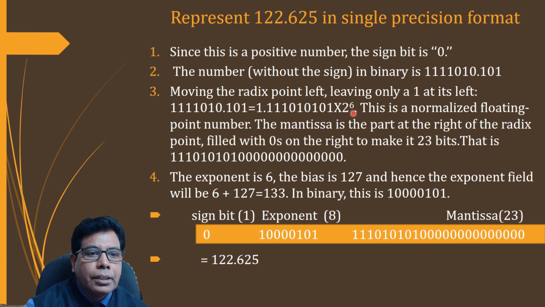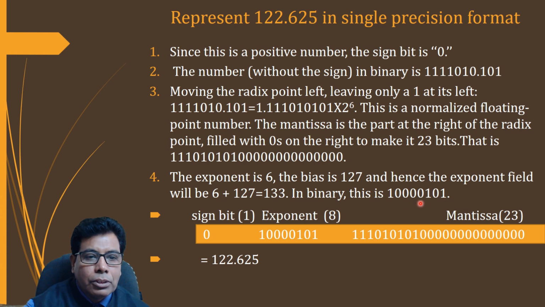Then the exponent part is 6, so we have to add this 127 bias. So the exponent will be 6 plus 127, that is 133. So 133 in binary is 10000101, and it is very easy. You know, this is 128 plus 101 which is 5, so that is 133.